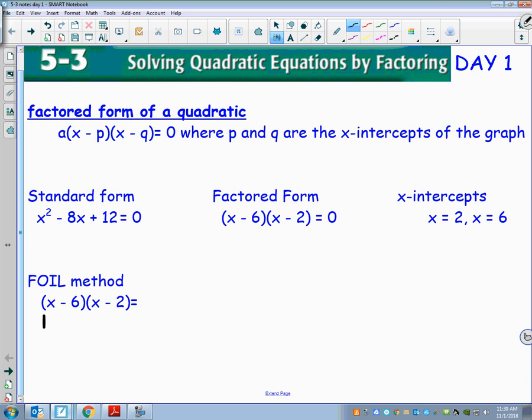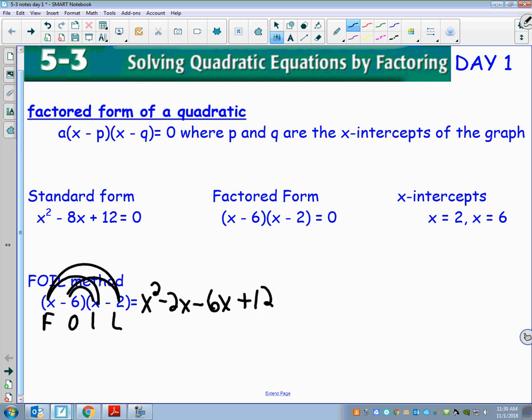If you remember, how do you multiply these? We usually teach you with FOIL, where you do the first. So x times x would be x squared. x times negative 2 would be negative 2x. Negative 6 times x would be negative 6x. And negative 6 times negative 2 is positive 12. So that stands for the first, that's this.